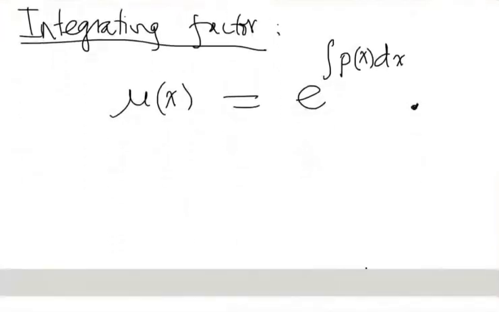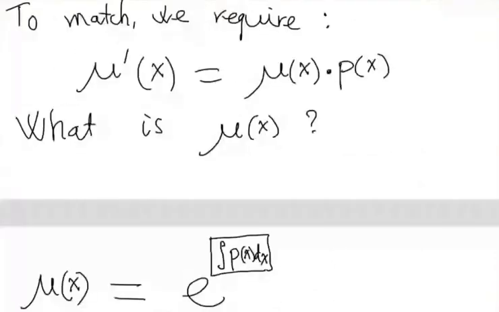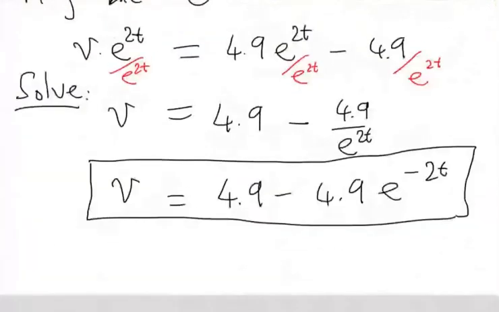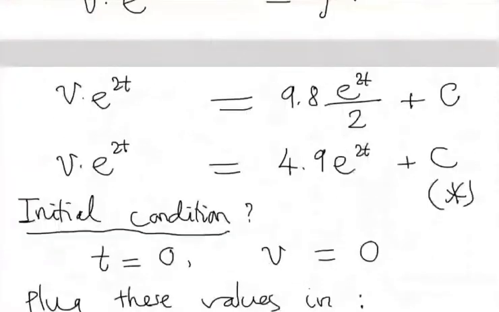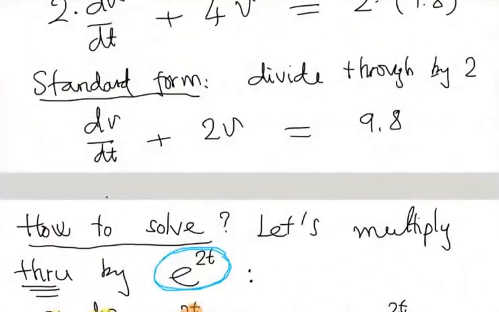So let's see how it works. Let's go back to example 1 again. We're not going to do all the details, but look back at the equation. Here, in standard form, dv/dt plus 2v equals 9.8.